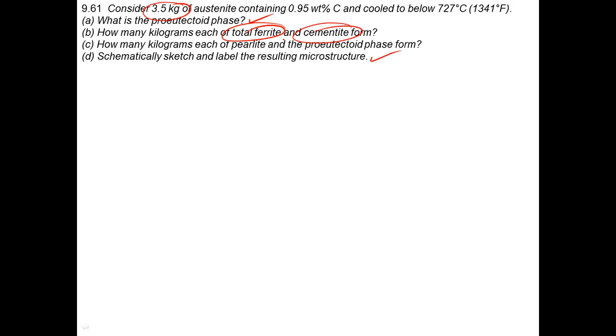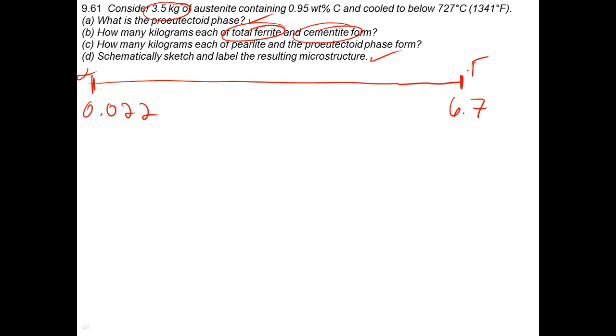Anytime we see those terms, total ferrite, total cementite, that means we need to be working on that tie line just beneath the eutectoid temperature. Here, we're not differentiating between types of ferrite, for example, whether it's the pro-eutectoid phase or not. We're just using this tie line to allow us to calculate total ferrite and total cementite.